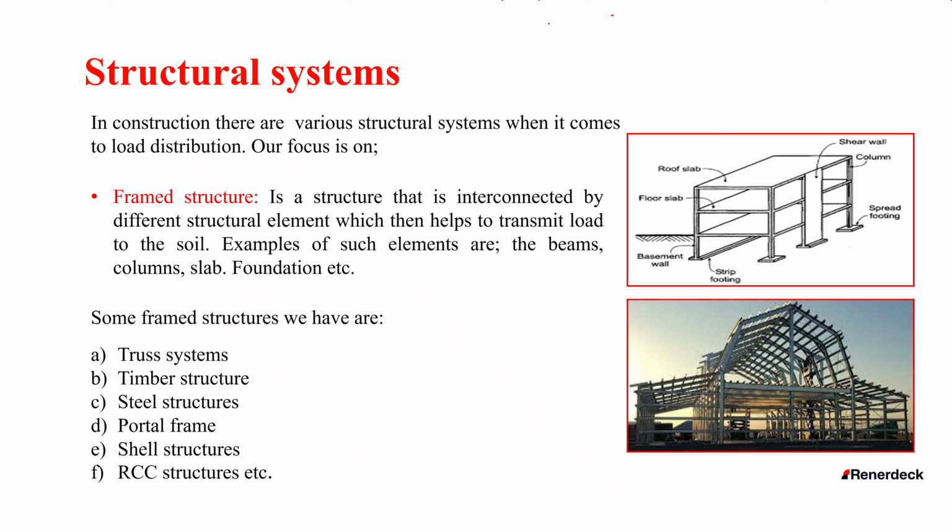Most of them are truss systems. Our gates, doors, most doors these days are truss systems. We have timber structures, steel structures, portal frame structures, and shell structures. For shell structures, you can take a look at domes, those big buildings that are of spherical shapes. We have RC structures, which are reinforced concrete structures. All of these are categorized as framed structures.